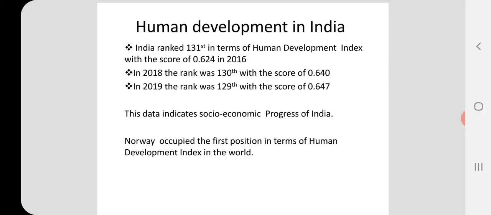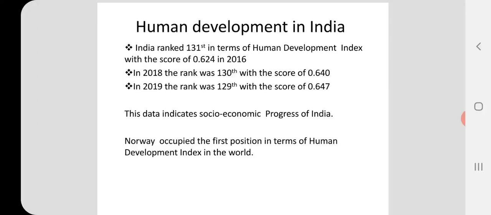This data indicates the socio-economic progress of India. Why? Because if we look at the rank of India from 2016 to 2019, we will see that the rank is gradually decreasing and the score in human development index is gradually increasing.